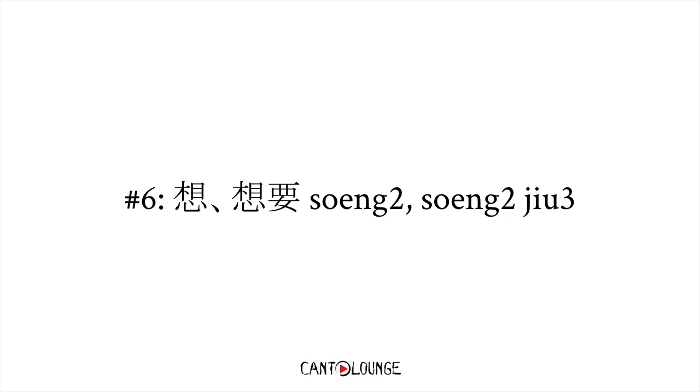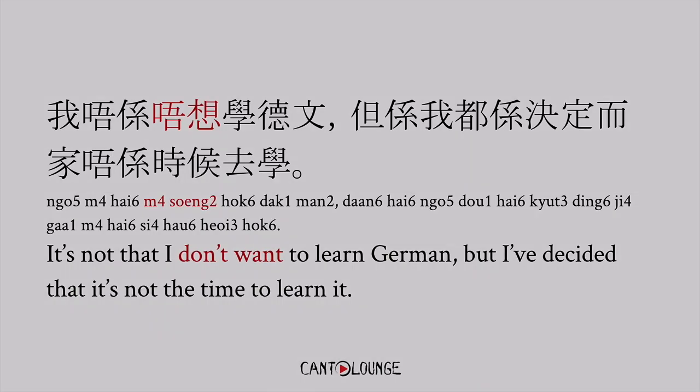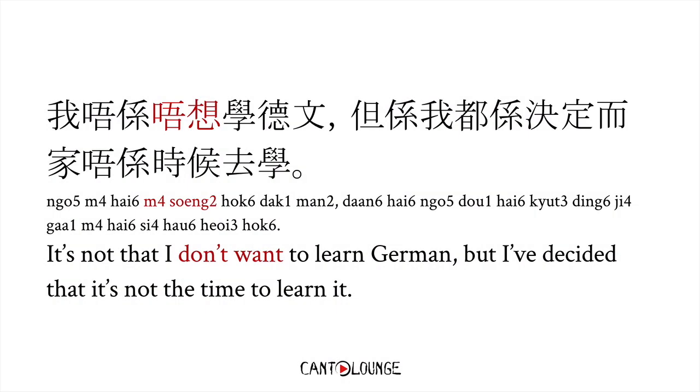Number 6, we have 想 and 想要. So these ones both mean want. So for example, 想 simply means want to do something. Here we have 我唔係唔想學德文，但係我都係決定而家唔係時候去學.